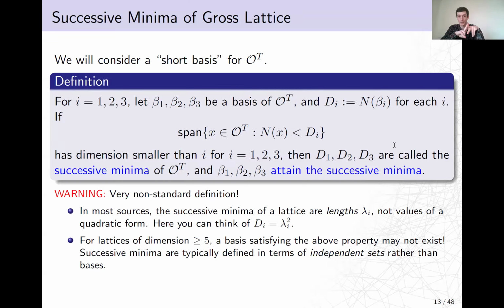The other warning is that this definition I've given here in terms of a basis only works for dimensions at most 4. Once you go to dimension 5 or above, things break down. There might not exist a basis with these properties. So the proper definition of successive minima looks a little bit different. But in dimension 3, everything is nice. We actually get a basis of vectors that are as short as possible.